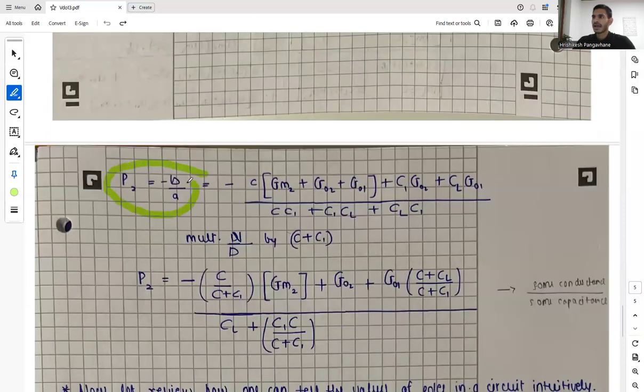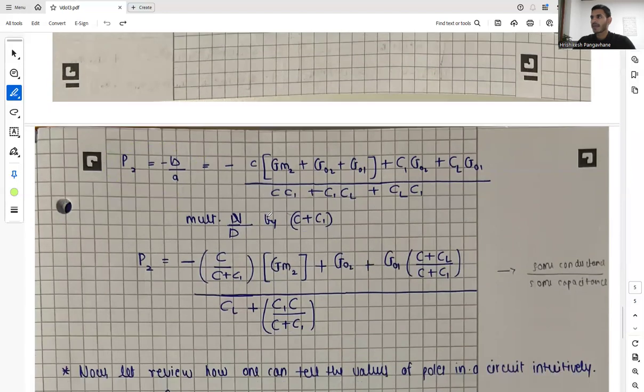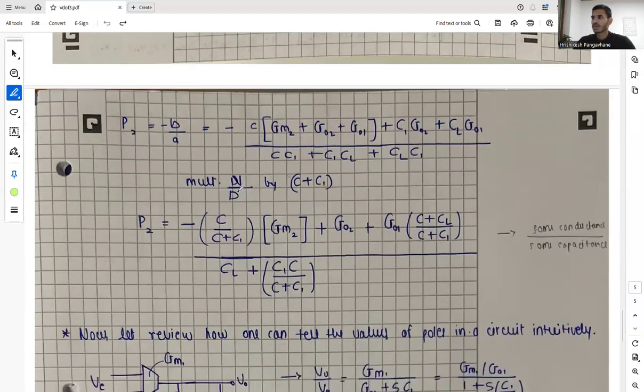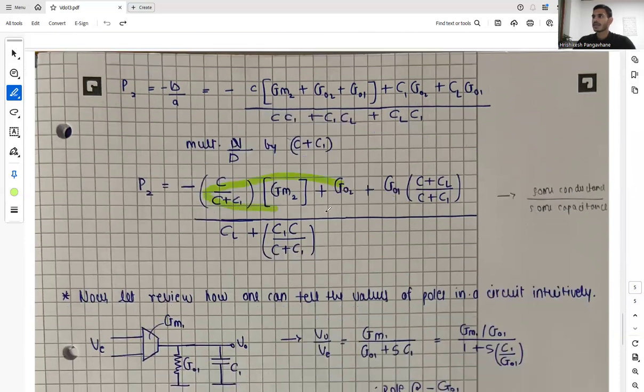Similarly, P2 will lie at minus b by a, and after substituting all the values from our equation and multiplying numerator and denominator by C plus C1, we get something like this, which is again some conductance divided by some capacitance.